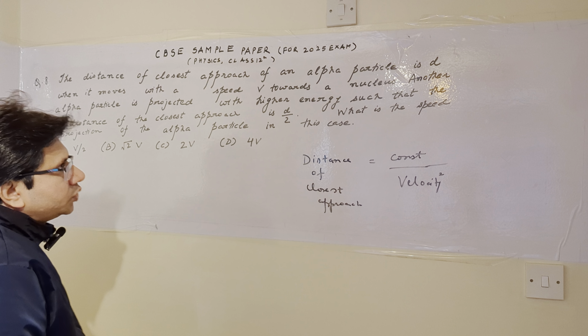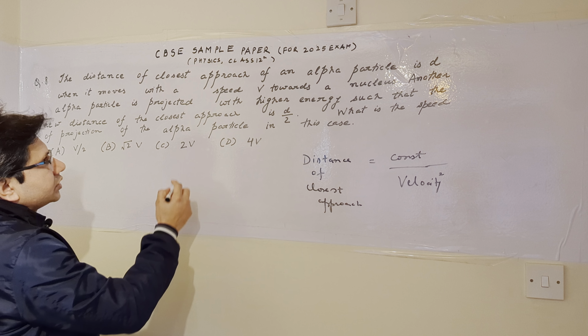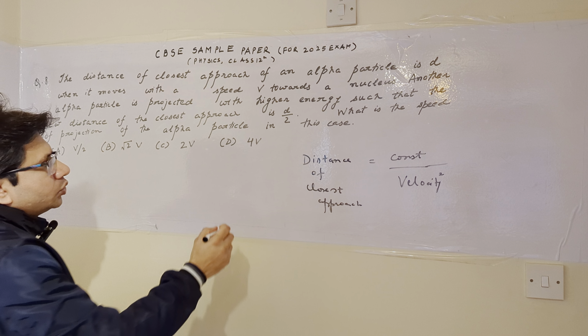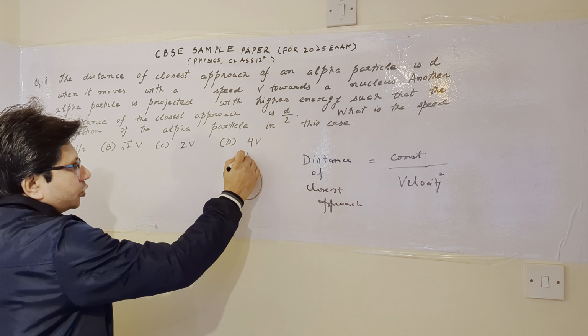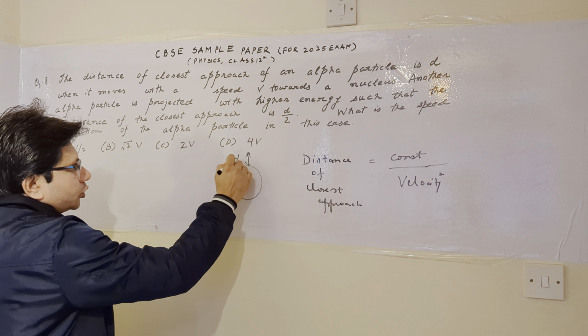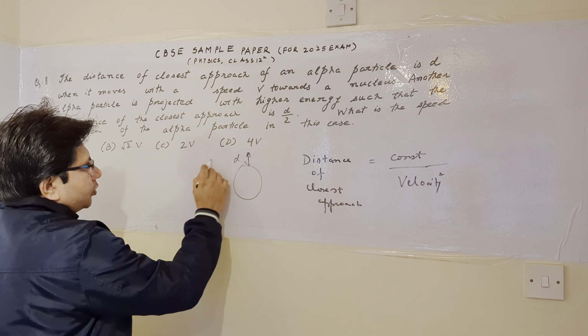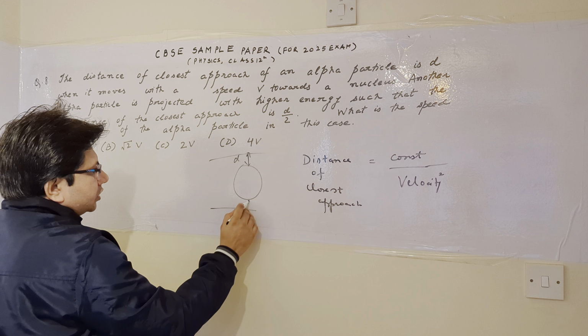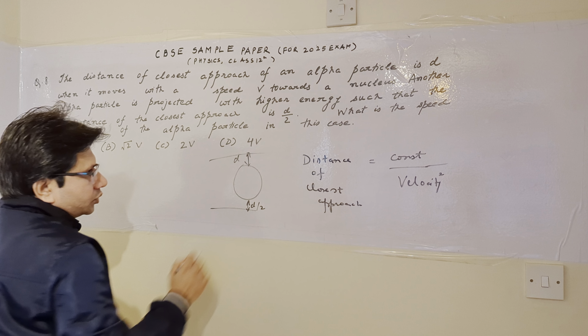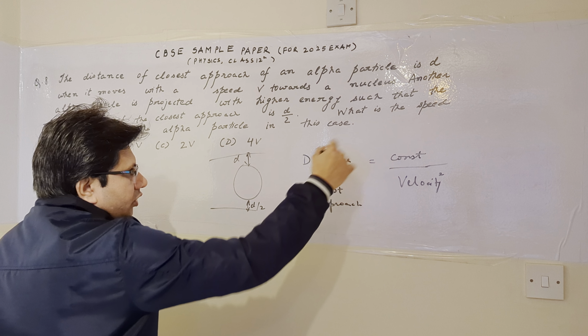So we have two different cases. In the first case, there is an alpha particle going with the closest distance of approach d, and in the second case, another alpha particle is going with the distance of closest approach as d by 2. So we apply this particular rule.